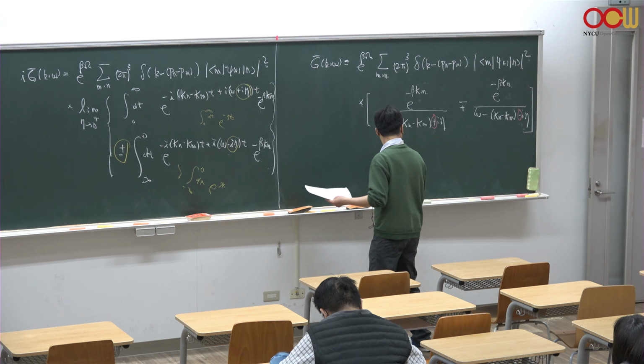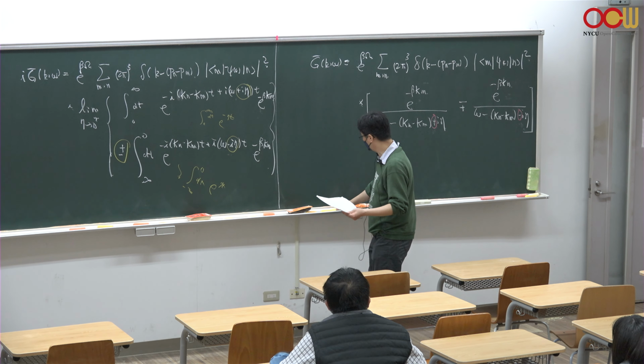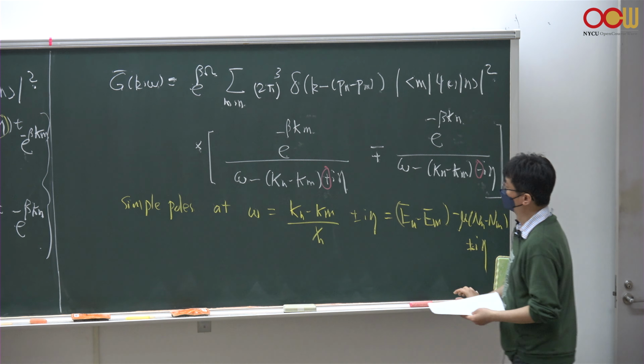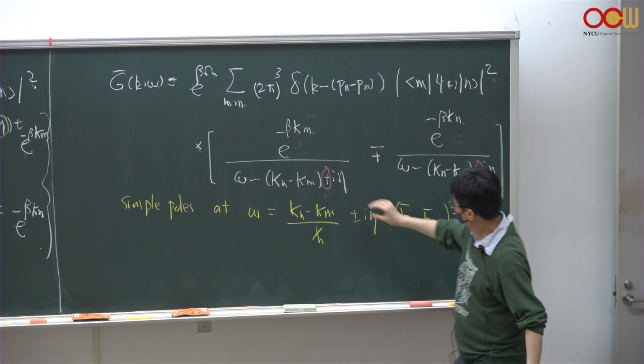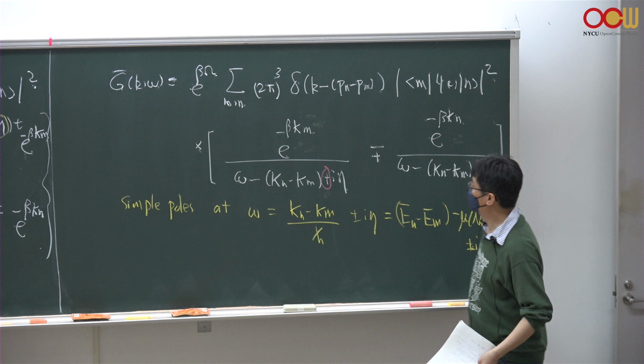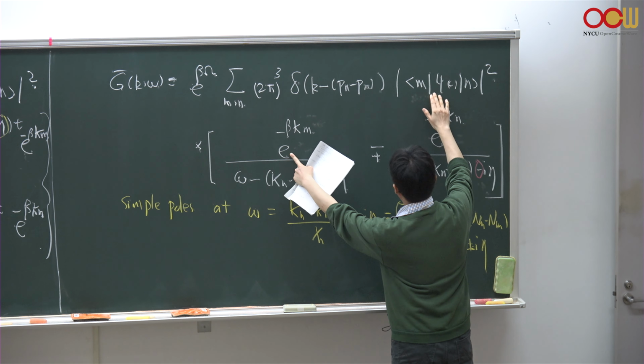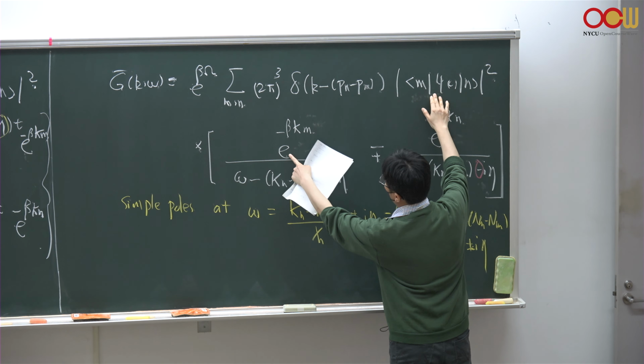So you immediately see that this is more complicated than the zero temperature Green's function, in the sense that you have a simple pole at omega equals this value. But then the residue is somewhat non-trivial, because this residue has this complicated structure: it is a square of the matrix element, but then you get two different kinds of thermal factors.